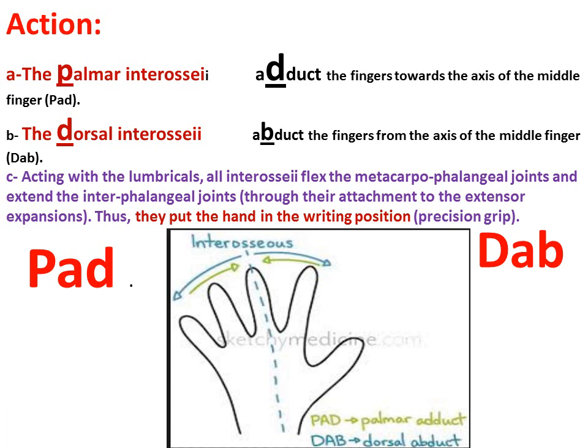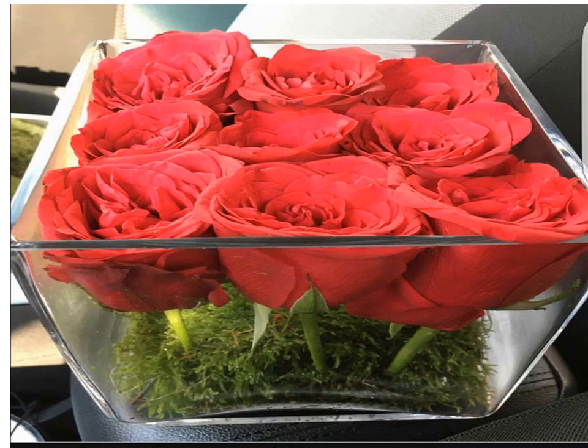And this diagram simplifies the action of the interossei: the palmar interossei adduct in green color, and the dorsal interossei abduct in bluish color. Thank you very much.